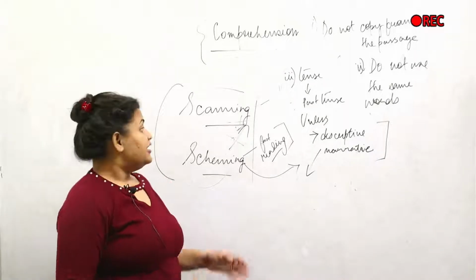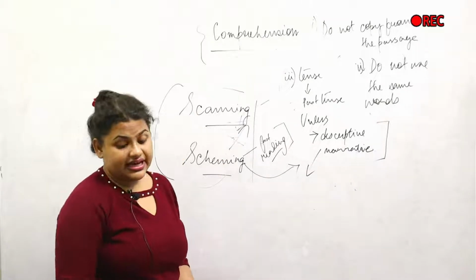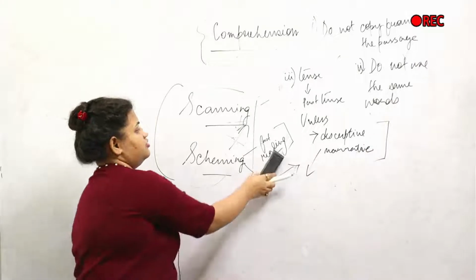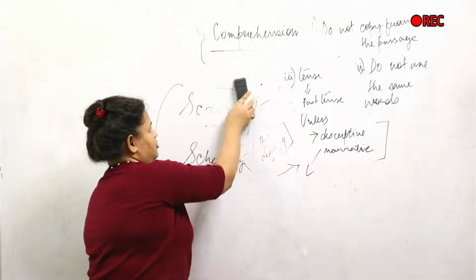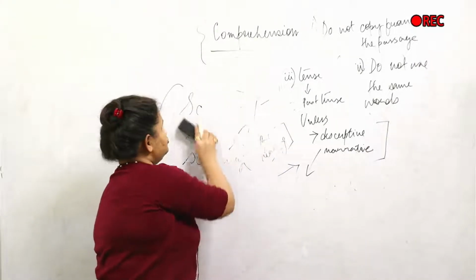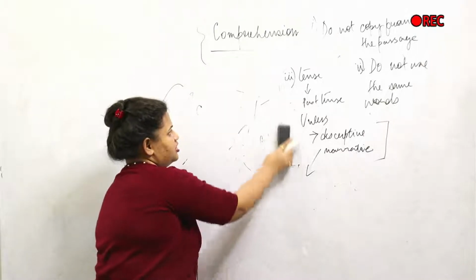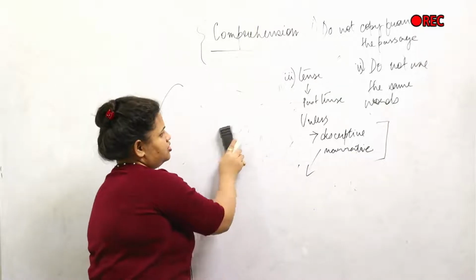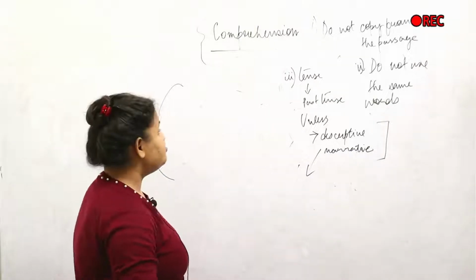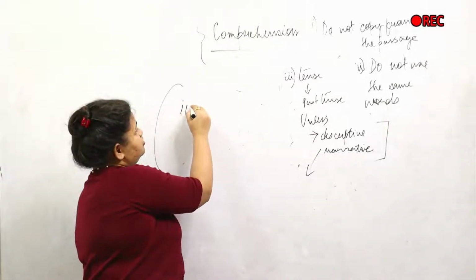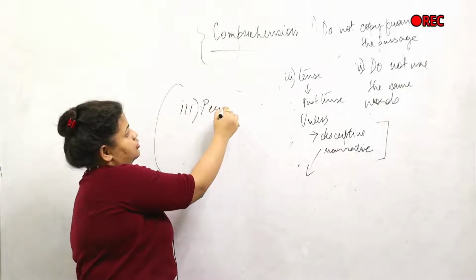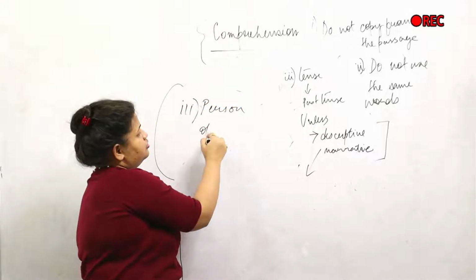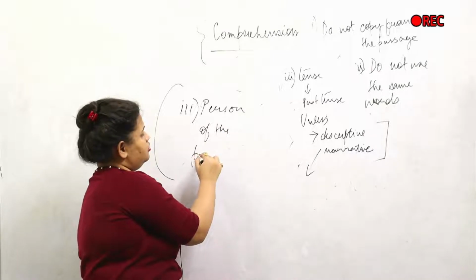Okay. The next part that comes is, we did the vocabulary thing, we did the tense thing. Now keeping in mind the person of the passage.